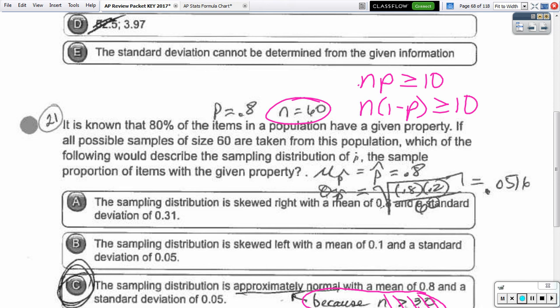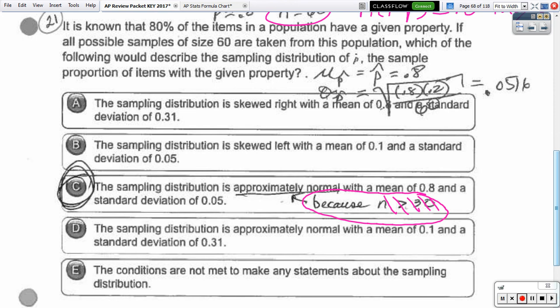I know here that 80% of 60 is going to be, something I'm not doing in my head. Was it 48? 48. Okay, so 48 successes, and then 20% of 60, the remainder, is 12. And both of those are greater than or equal to 10.